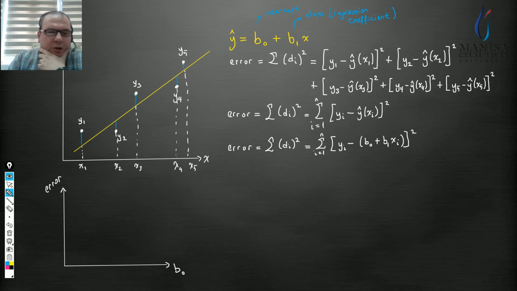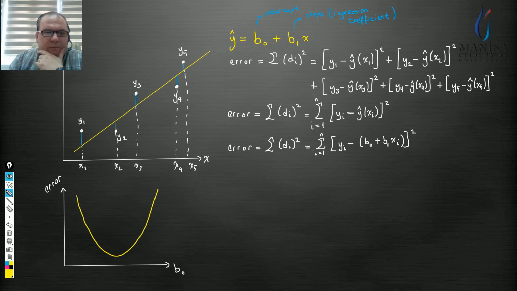I have some error for some values of b0, and it changes when we change the value of b0, and I want to minimize it. So I have a function, I think like this, like this.